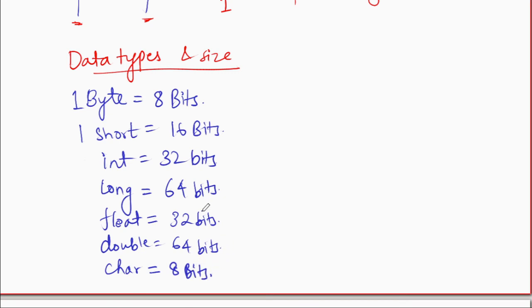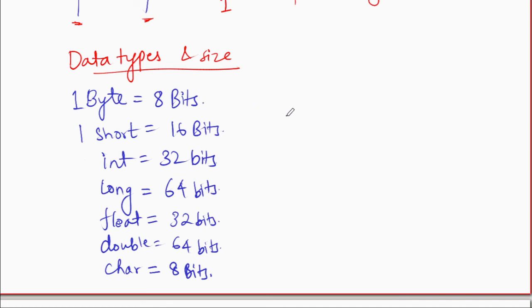These are some standard data type sizes set by the compiler, but slight variations in bits can take place. For long it is fixed, but for int it may vary. Some compilers will prefer to use 16 bits, some may prefer 32 bits, so it depends on the compiler as well.